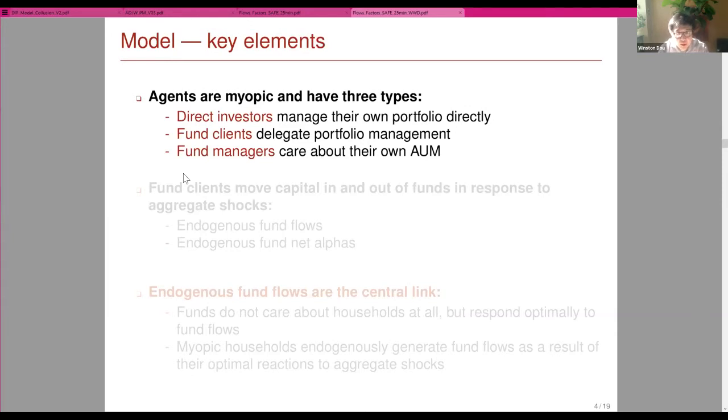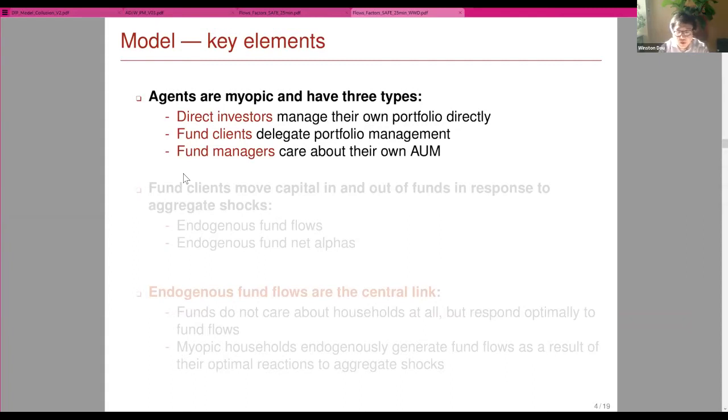The first type of agents is direct investors who manage their own portfolio directly, including the passive benchmark investors and also hedge funds. And there are also fund clients who delegate their portfolio management to fund managers.